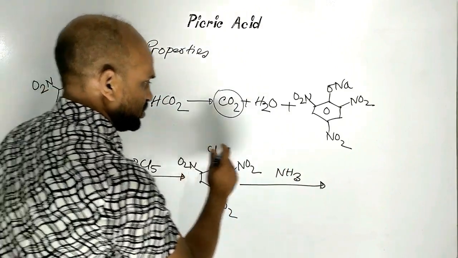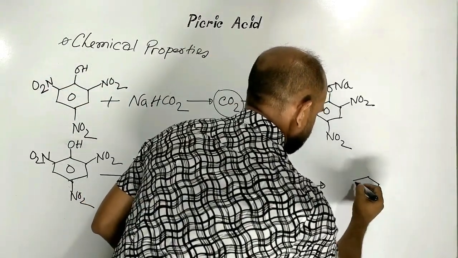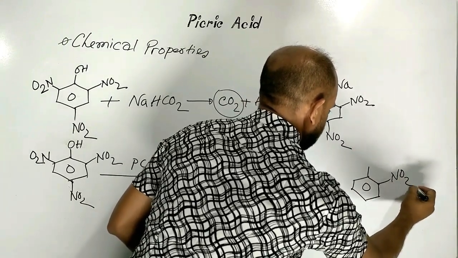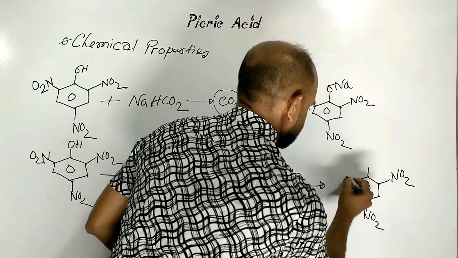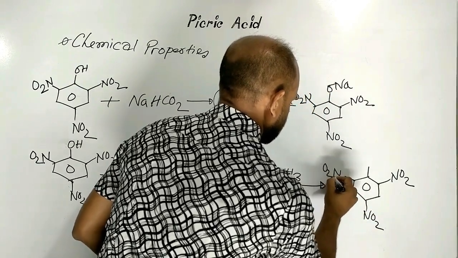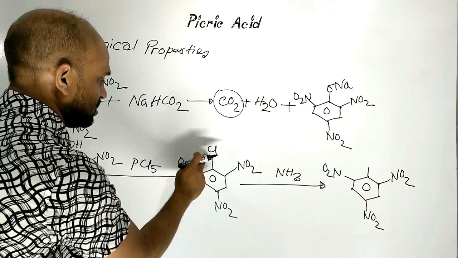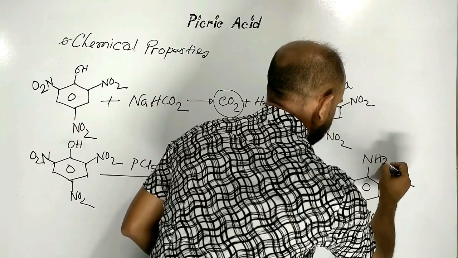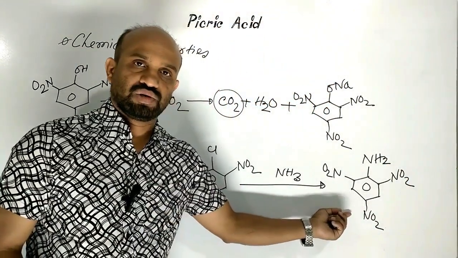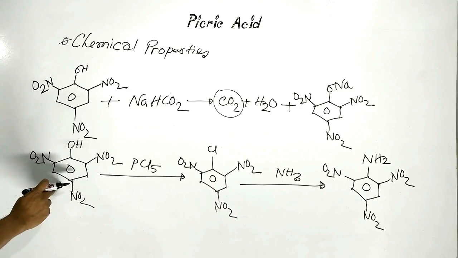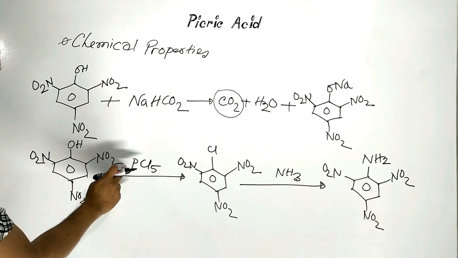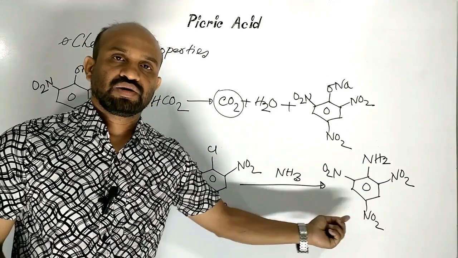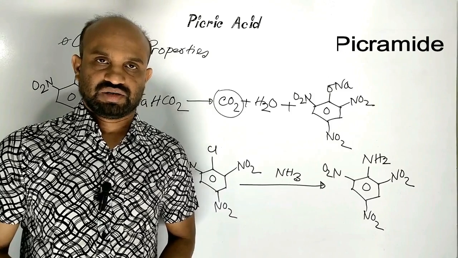Then picryl chloride converts to this compound. Here, chlorine undergoes replacement by amino group. This is formed when picric acid is treated with phosphorus pentachloride and then ammonia, which is known as picramide.